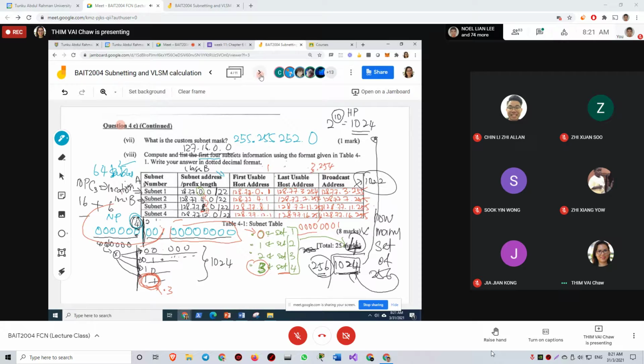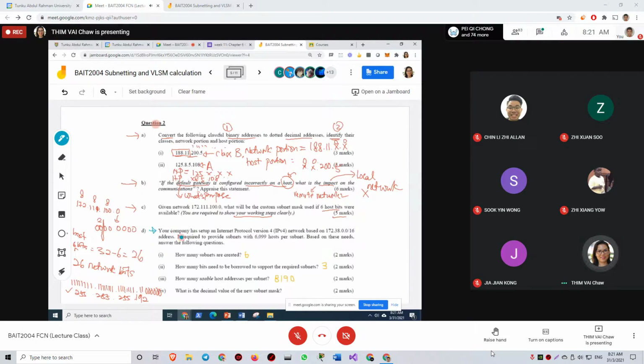Okay, so over here, this question. Your company has set up an Internet Protocol version 4 network based on this number. He gave you 172.38.0.0, so you know that this belongs to class B, even though he didn't mention it. It is required to provide a subnet with 6,990 hosts per subnet.